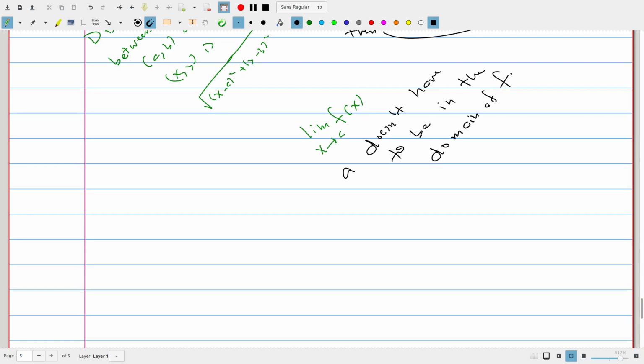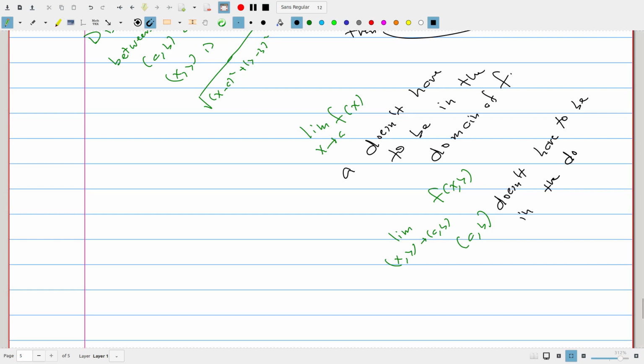In our case, since we're trying to find this limit as (x, y) goes to (a, b) of f of (x, y), this ordered pair (a, b) doesn't have to be in the domain of f. It could be, but it doesn't have to be.